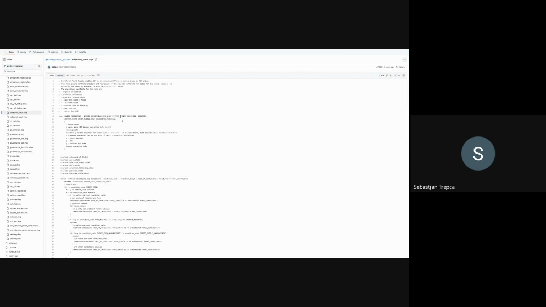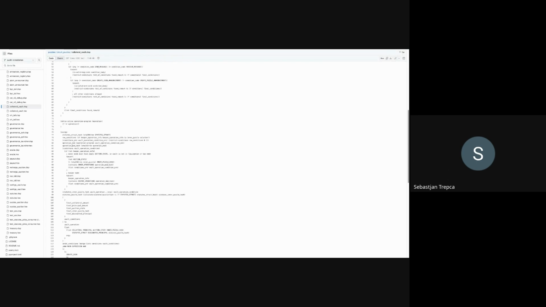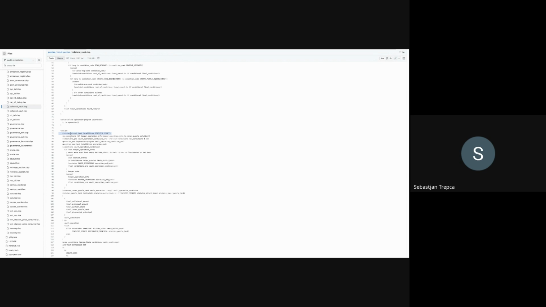And this is sort of how statutes maintain control over all these puzzles. So we initialize these basic parameters like statutes, get the conditions that are passed into from a solution.